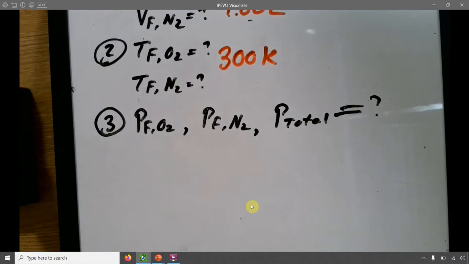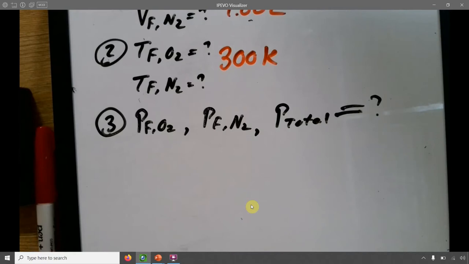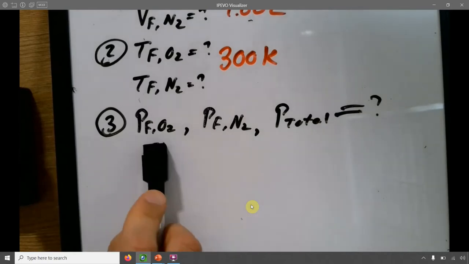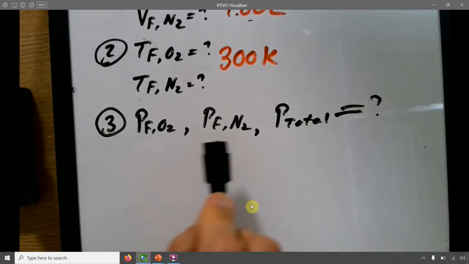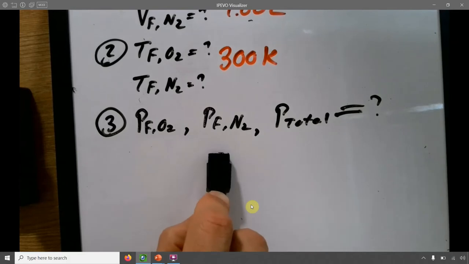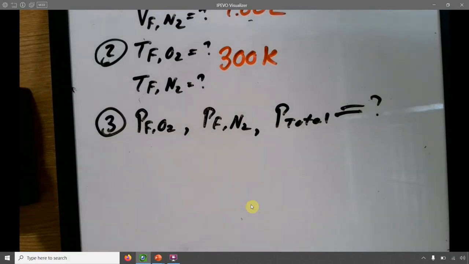It's not just look at it and you get it, but it's not hard. It's just using PV equals nRT for each one individually. I will use PV equals nRT for oxygen and for nitrogen, and I'll pretend the other one doesn't exist to get these pressures. So we'll treat this as two separate problems. They're fairly simple.